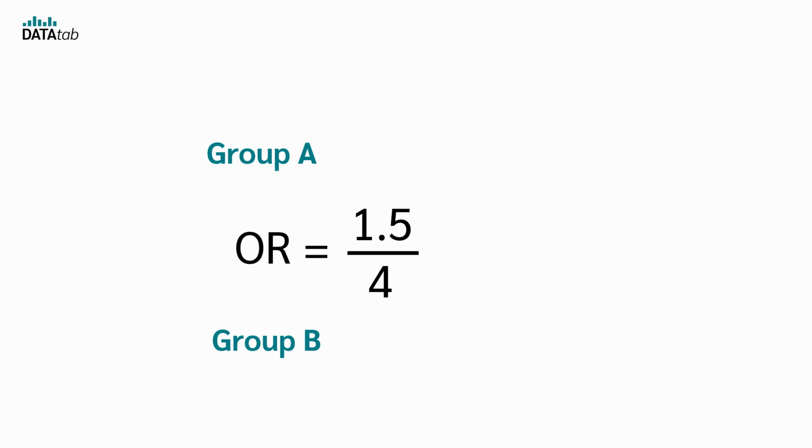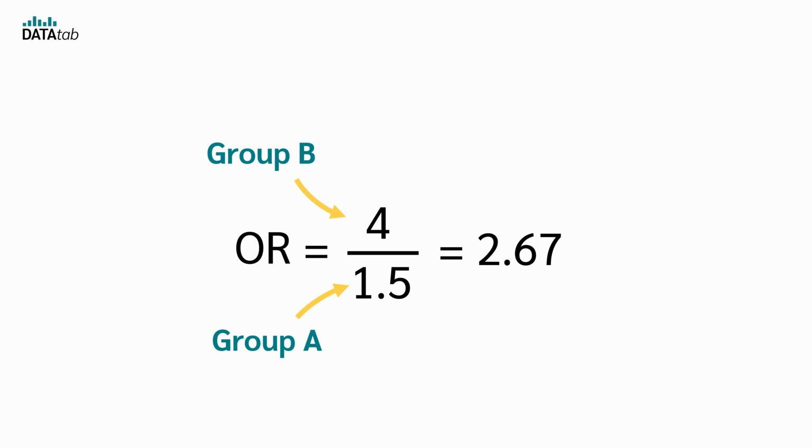To do this, we can compare the odds of getting the disease in group A relative to the odds of getting the disease in group B. So the odds ratio is simply calculated by dividing the odds in group A by the odds in group B. This results in an odds ratio of 0.38. The odds ratio of 0.38 means that the odds of being diseased in group A are 0.38 times the odds of being diseased in group B. Of course, we can also switch the order.